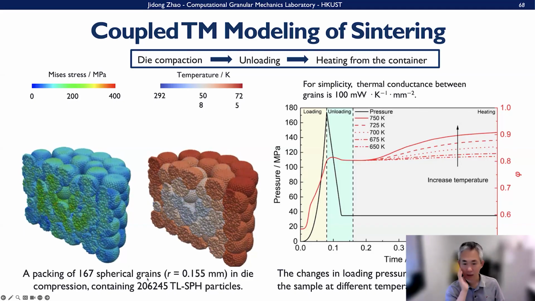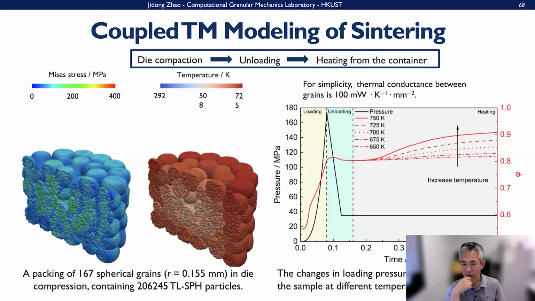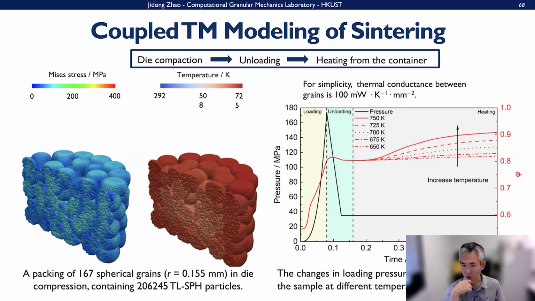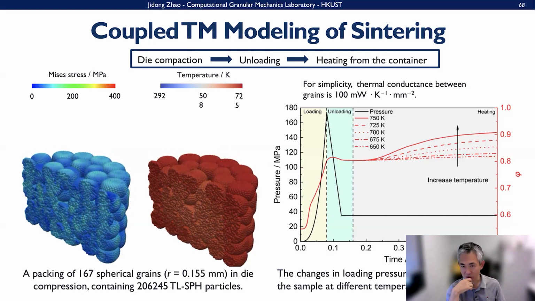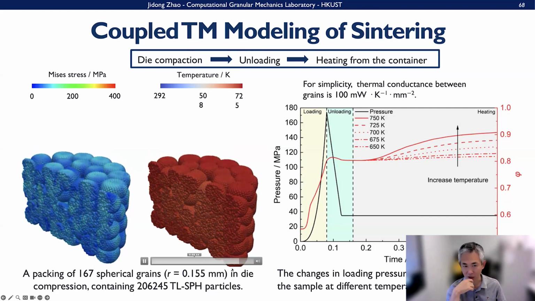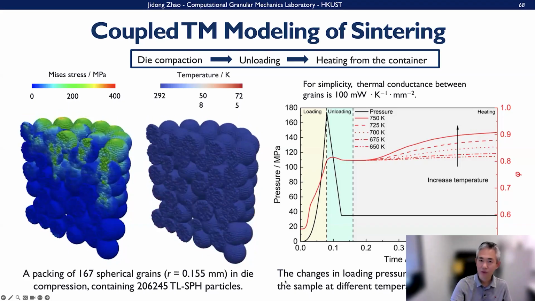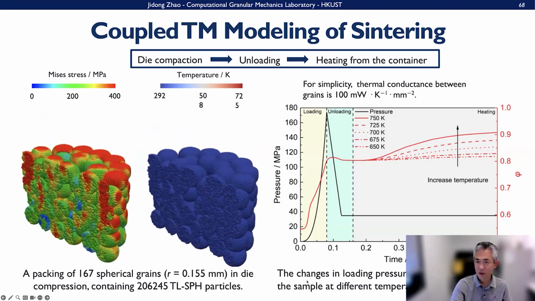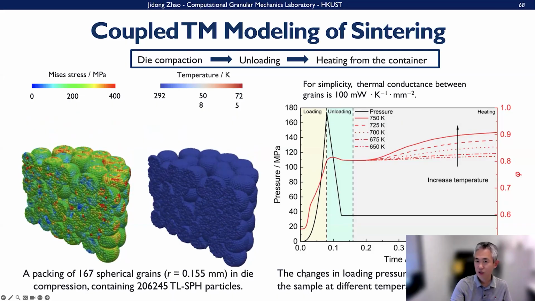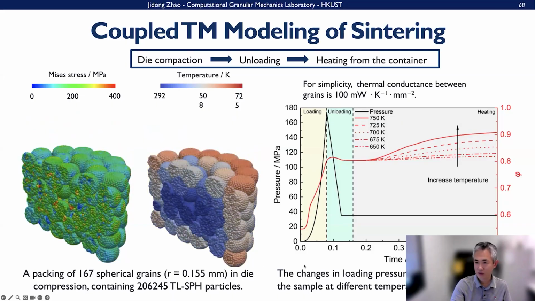Okay, and then we can monitor the evolution of the pressure during the loading, and we can also do the unloading process. How would the sintering temperature change the behavior here?